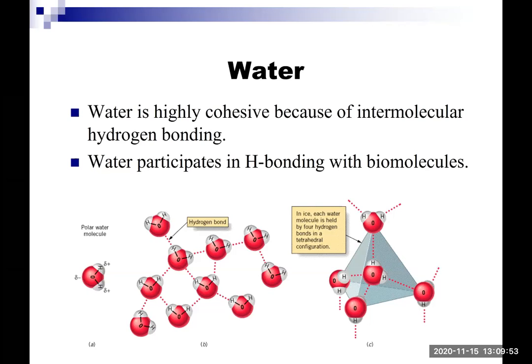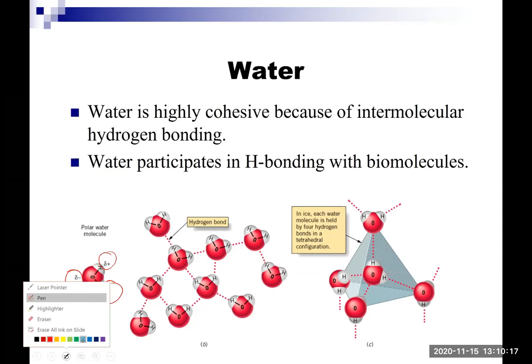As you know from talking about polarity, water has an oxygen with a partial negative charge and two hydrogens with partial positive charges. When you put a lot of water molecules together, these partial positive and partial negative charges on adjacent molecules attract one another.